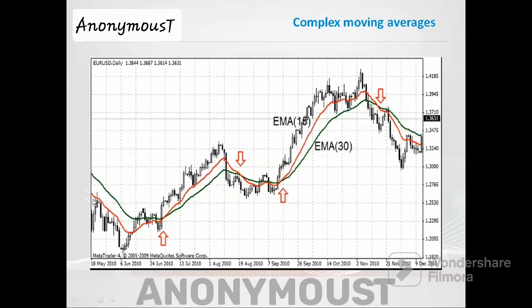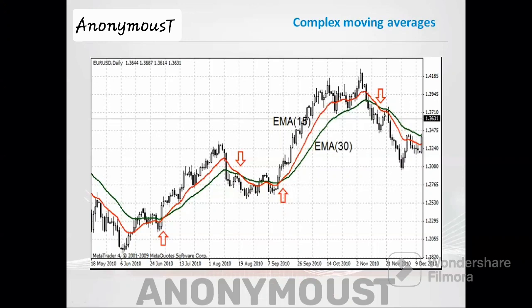Whenever you see the red moving average cuts the green moving average and goes to the upper side, it's a buy trend. Same way, when this red line cuts the green line from above and goes below it, it's a sell trend. Again, when this red line cuts the green line from below and goes up, it's a buy trend. So it's very simple.